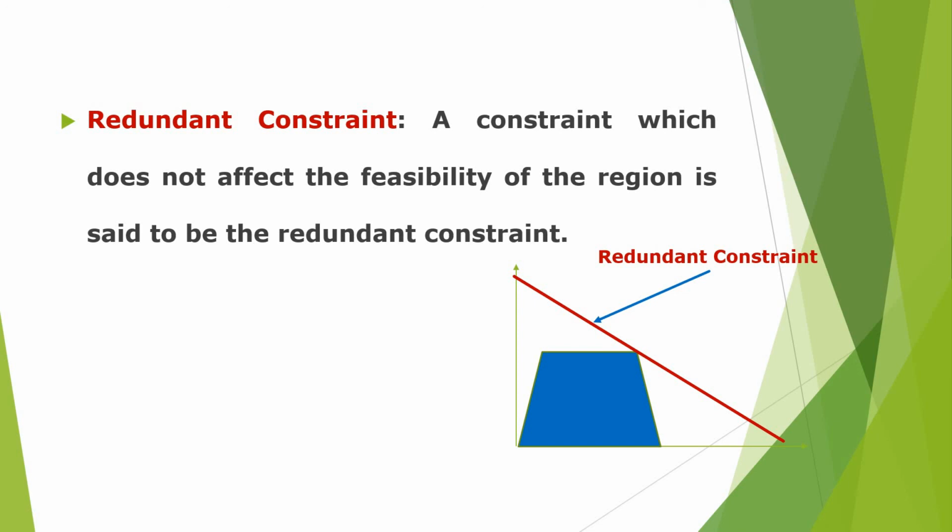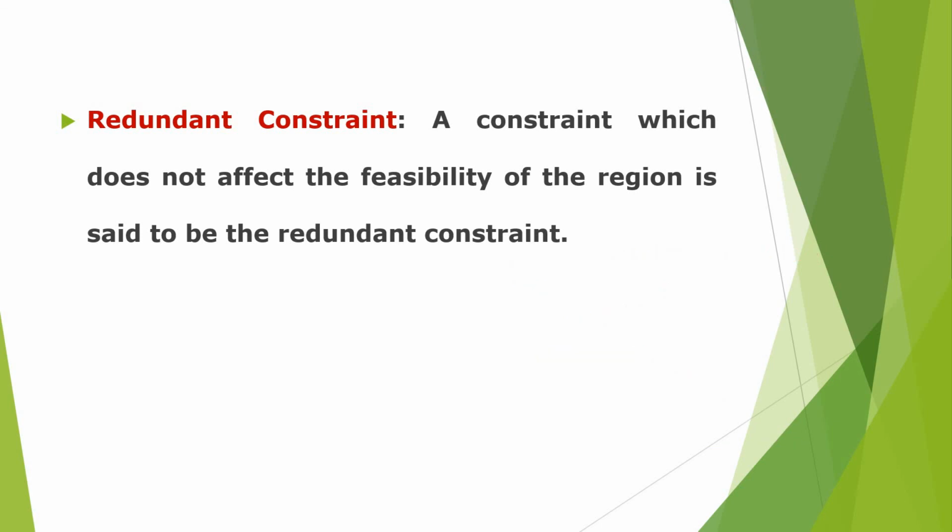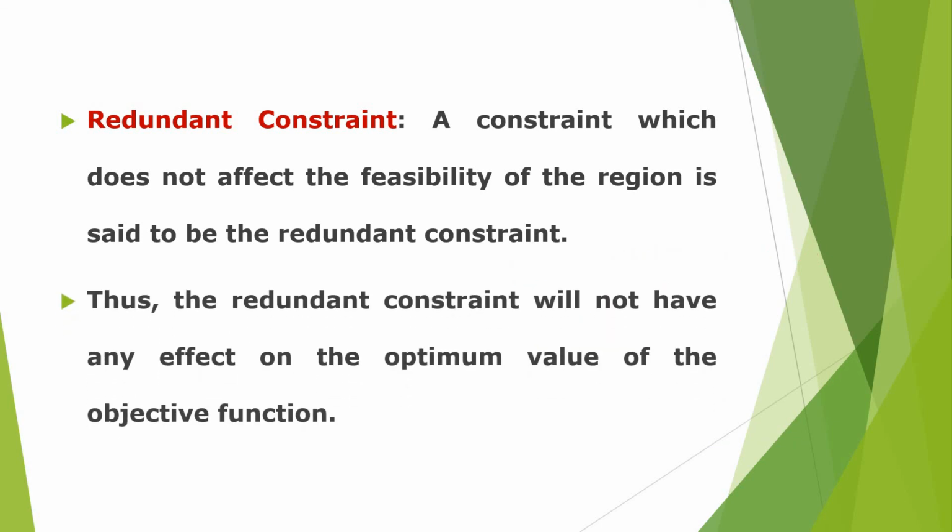Even if we consider the shaded region below the line, it will satisfy all the conditions, but the solution which you obtain will satisfy the constraint, yet it has no role to play in optimizing the objective function. Such a constraint is known as a redundant constraint. Thus, a redundant constraint will not have any effect on the optimal value of the objective function.